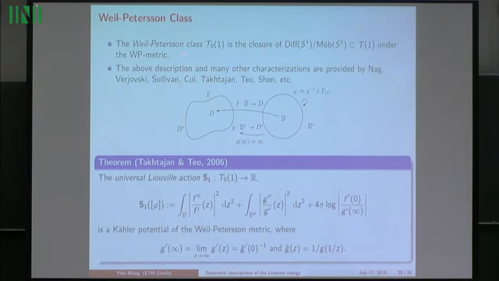Especially I would like to point out the work by Takhtajan and Teo, where there's a scalar potential for this metric. By scalar potential, I mean that from the potential you can derive the Weil-Petersson metric by taking two derivatives in the double sense, so everything about the Weil-Petersson metric is already encoded in the scalar potential.